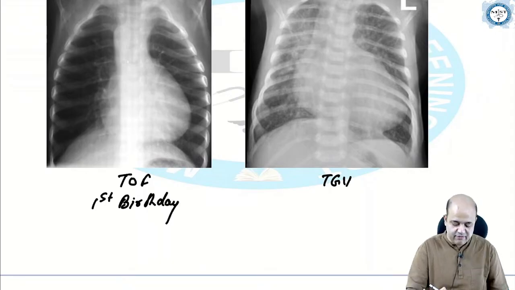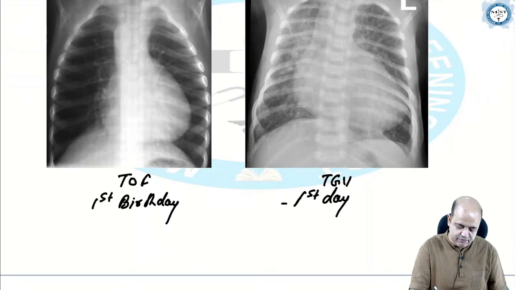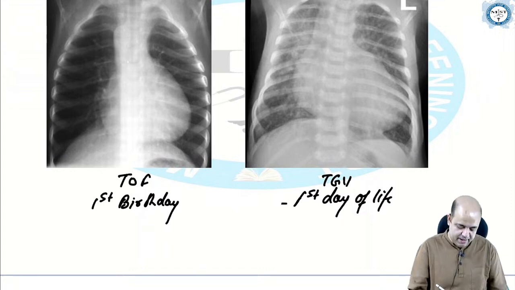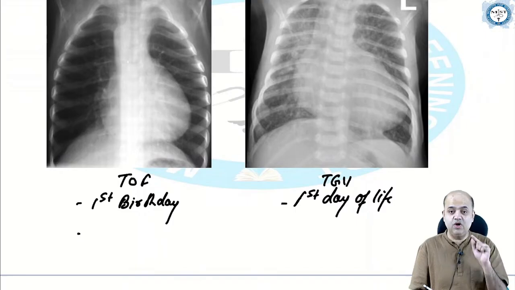Transposition of the great vessels will present on the first day of life. Both of them will have a right ventricular dilatation, and that is why they have an upturned apex.